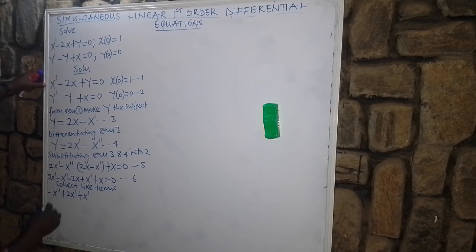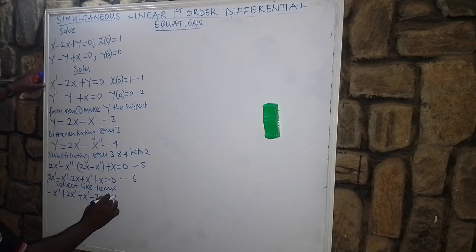So it's going to give us this, then minus 2x plus x is equals to 0. This is equation 7.